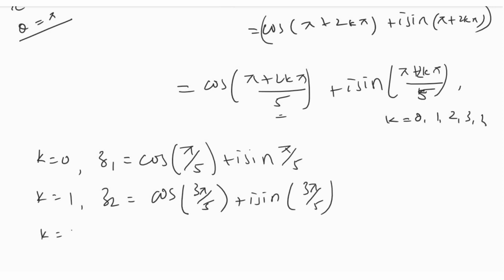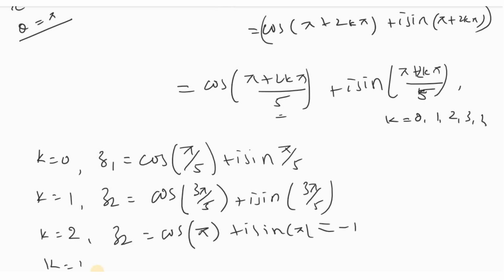K equal to 2, you will have another root: 5 pi by 5, that is cos pi plus i sin pi, and that is minus 1.